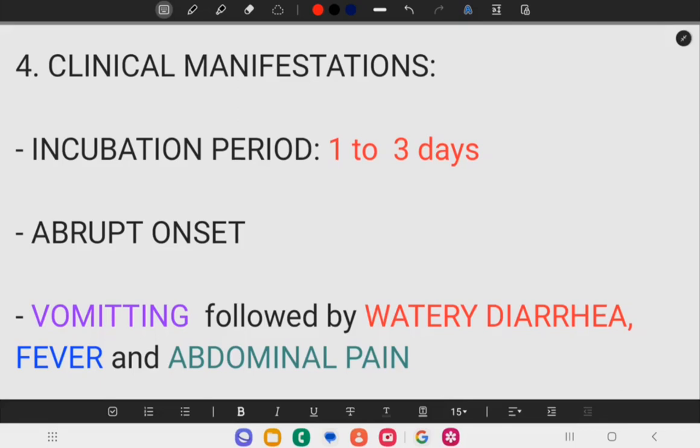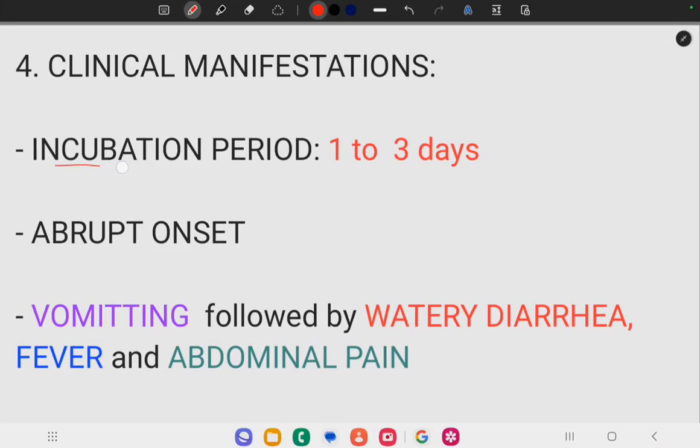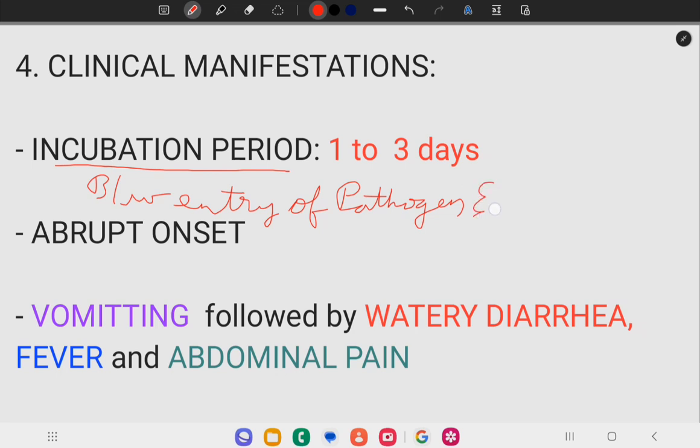Now I will start the clinical features. Incubation period means the time interval between entry of pathogen into the body and appearance of first sign or symptom.